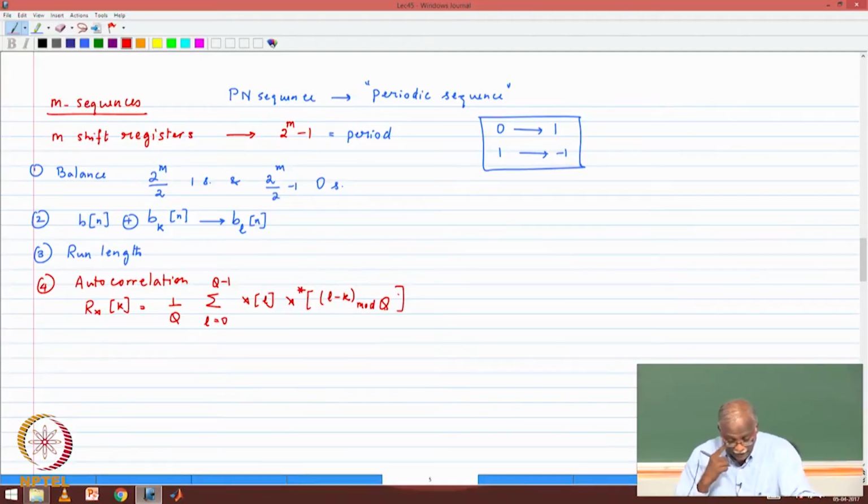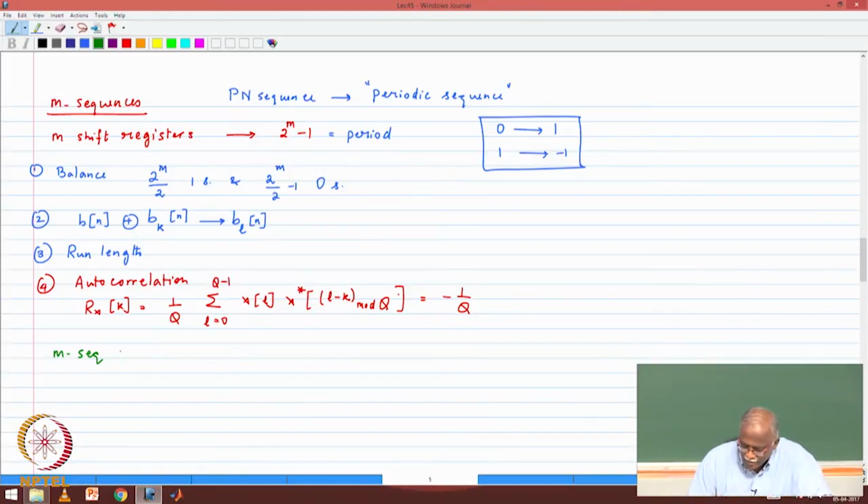And this is what we showed yesterday to be -1 over q. This is a very useful property because this is the strength of the M sequence when we work in an environment where there are multiple users, and multipath as well. This also led us to the observation that all the different M sequences available are cyclically shifted versions of it.